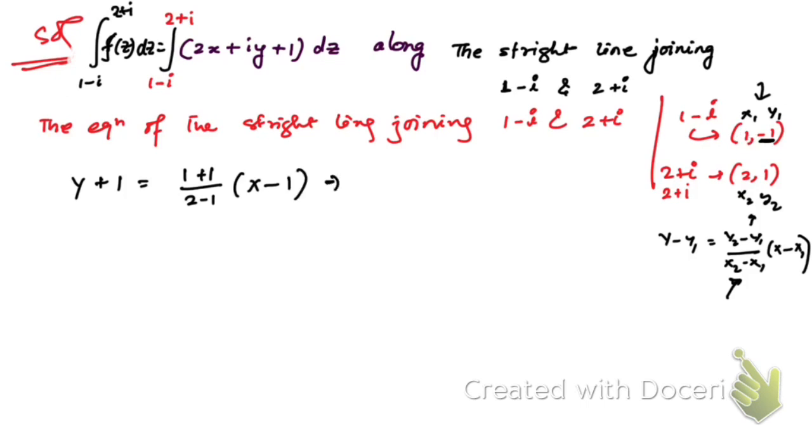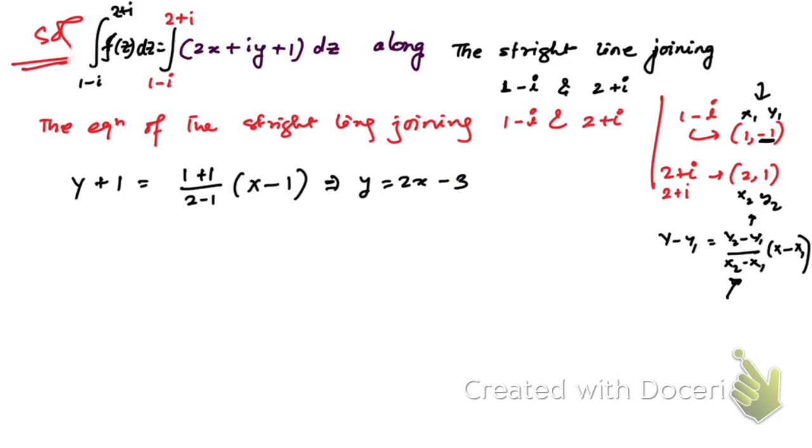If you simplify this, you're going to have 2 by 1 means 2 into x minus 1, and if you multiply this, it's going to be twice x minus 2, and if you take this plus 1 to the other side, that's going to be minus 1. So that's why it becomes y is equal to twice x minus 3.